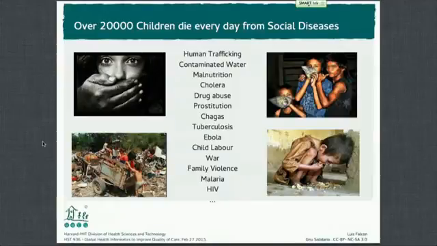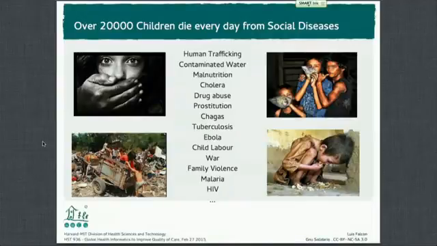Things that are preventable in most cases. And those preventive measures are quite simple. So when we talk about prostitution, child labor, tuberculosis, Ebola, we're talking about social diseases. And we have to address that.